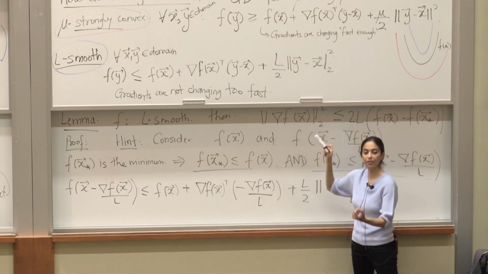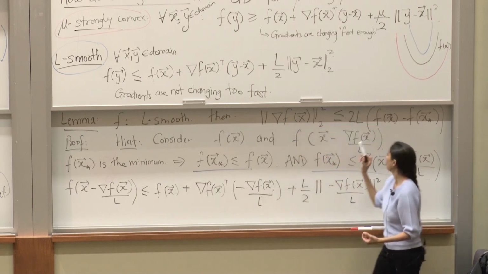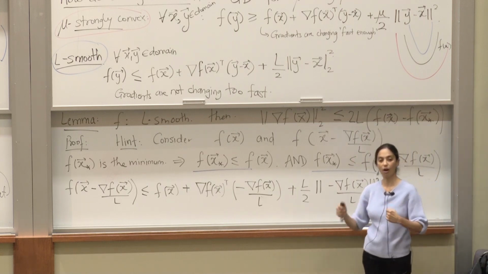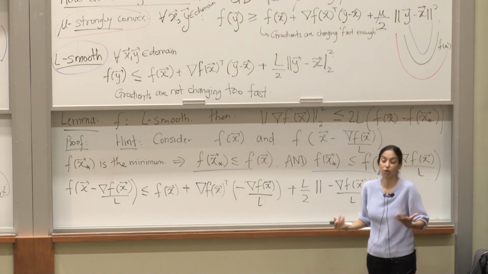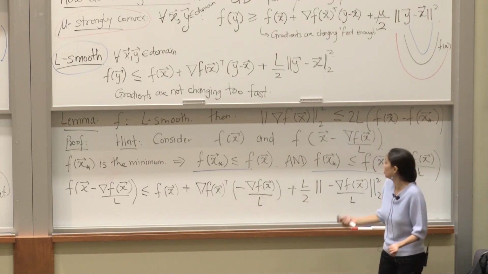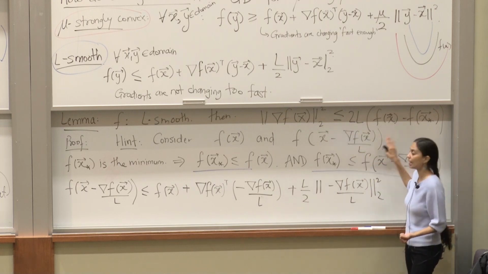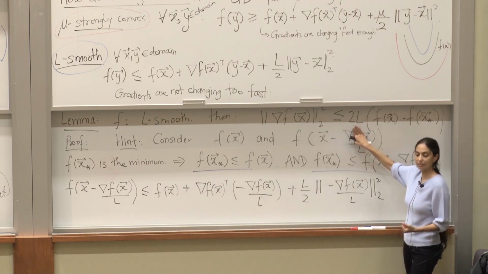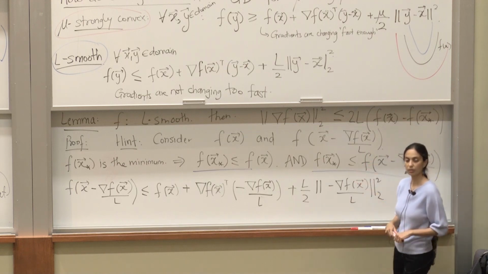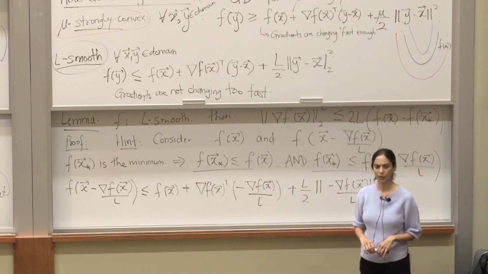You want gradients that are small when you're close to the optimum, and you're okay with gradients that are larger when you're far away from the optimum. That's what this is trying to capture, and this L parameter captures what that scaling is. Okay? Other questions?